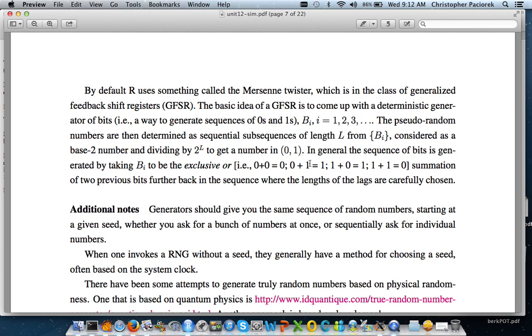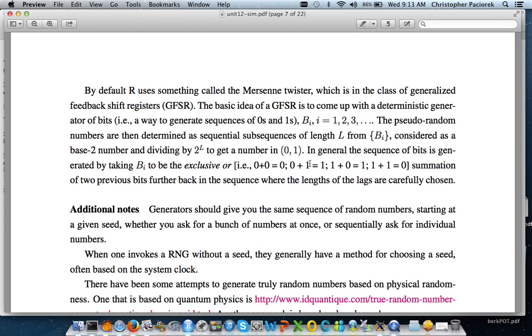So the basic idea of the Mersenne twister is that, based on two of the previous bits in the sequence, you combine those with the exclusive OR operator. So 0 plus 0 is 0, 1 plus 1 is 0, and 0 plus 1 or 1 plus 0 is 1. So we combine these two bits and get this bit.